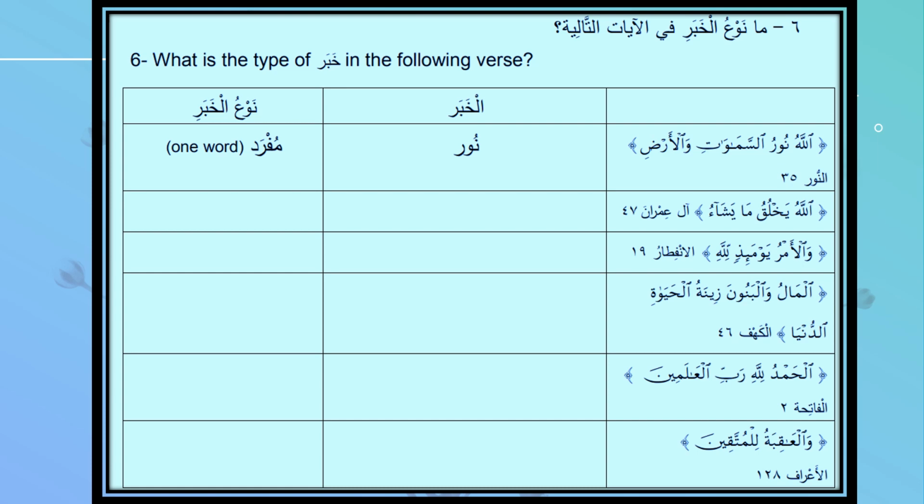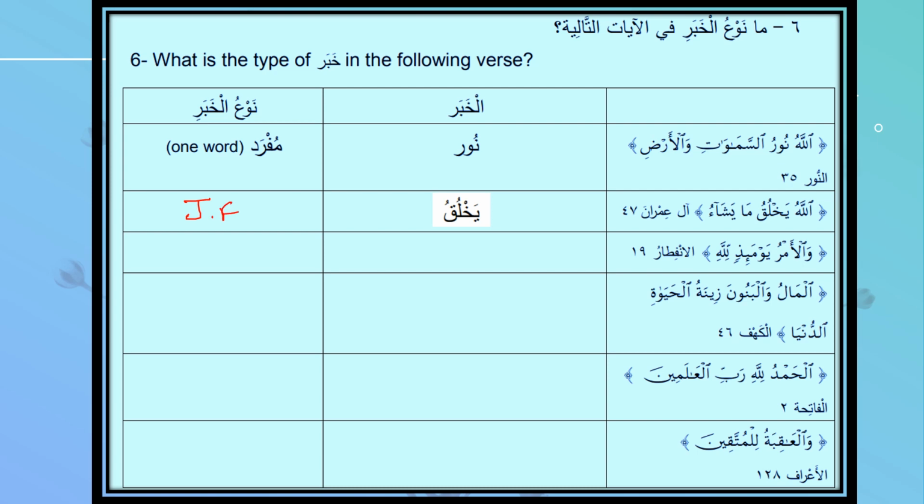So the next one is Allah, that is the Lafzul Jalala, yakhluqu ma yasha. Yakhluq is our khabar. So let's check yakhluq. It's a fi'l mudari. So we have our khabar as jumla fi'liya, right? So you need to write here khabar jumla fi'liya.